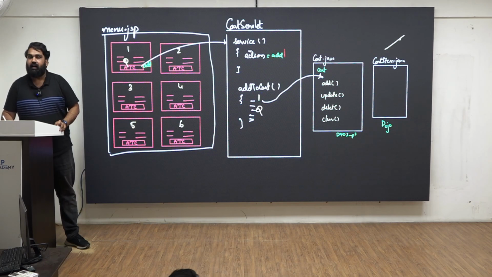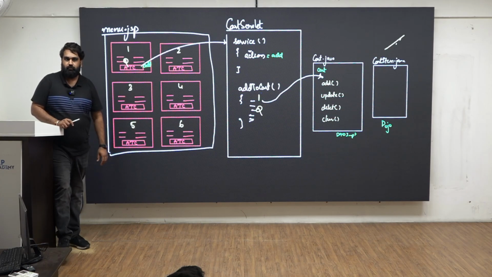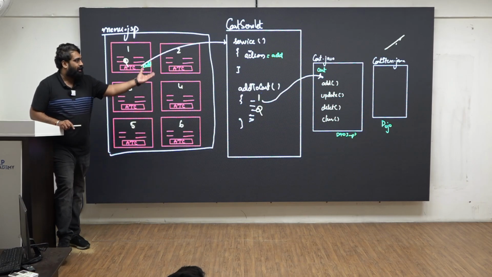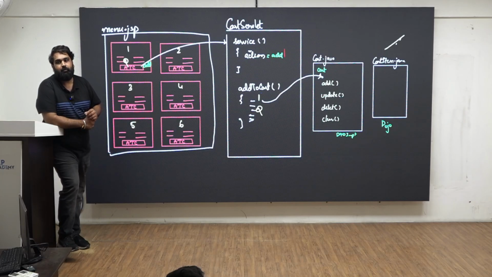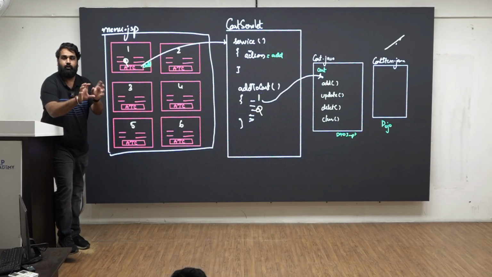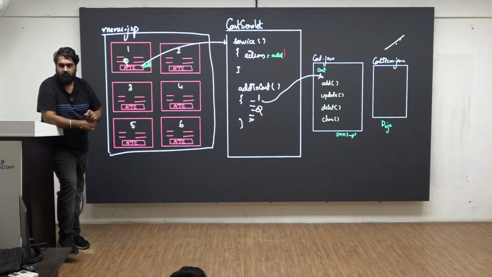It will create a cart item. That cart item, it will send to cart.java. I hope you are able to understand this. Then cart.java will see if the item is already there. It will update, taking the new quantity and adding it to the old quantity. If it is not there, directly it will push it to the map. I hope you are able to understand this.